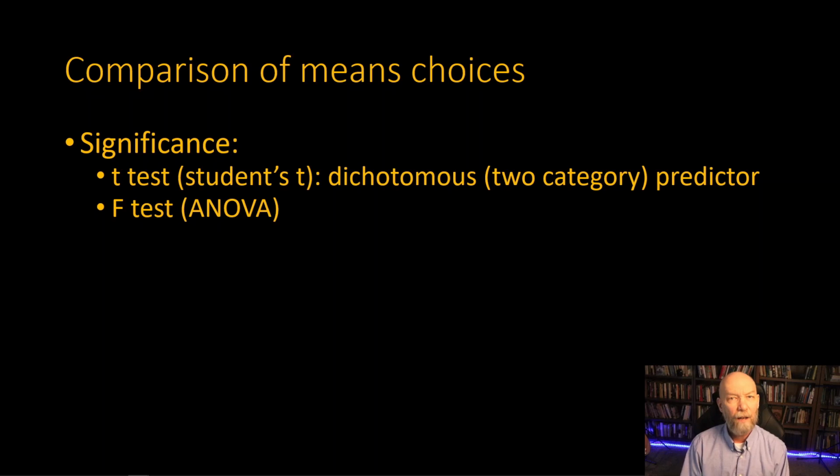Now, a t-test is commonly used. You'll find them used in lots of places, but it has a particular limitation. The predictor variable has to have only two categories. If you have more than two categories, you can't do a t-test. And a lot of circumstances in regular life don't provide us with predictor variables that only have two categories.